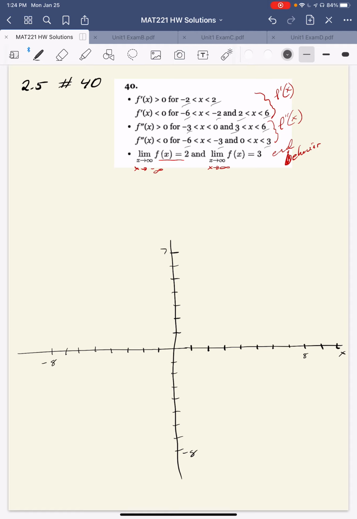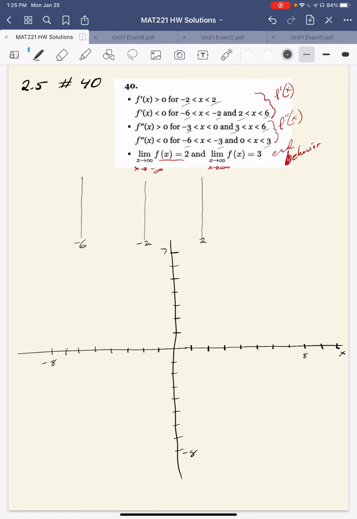So the first thing I have is between -2 and 2. So I know that I've got this -2 here and 2 here. So let me mark these lines in, 2 and -2. Then from -6 to -2, so I know something's going on here at -6. Let me try to mark that up here. Okay, so -6, -2, and then 2 and 6.